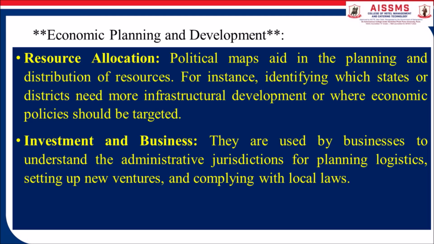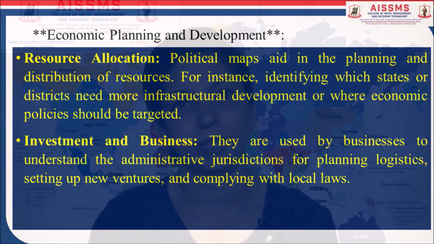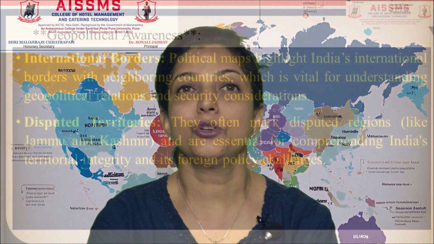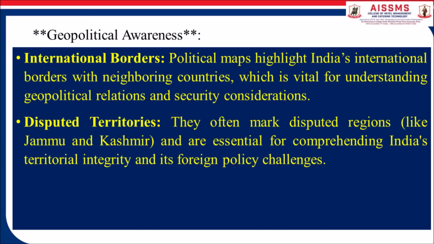In these cases, the political maps can be used. Apart from that, certain investment and business decision-making policies can be done with the help of understanding the political maps of India.